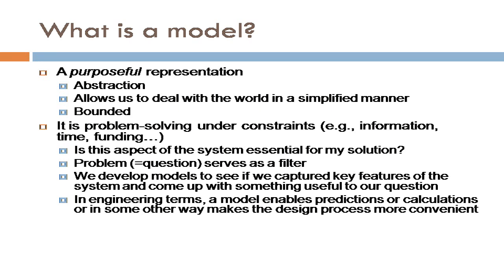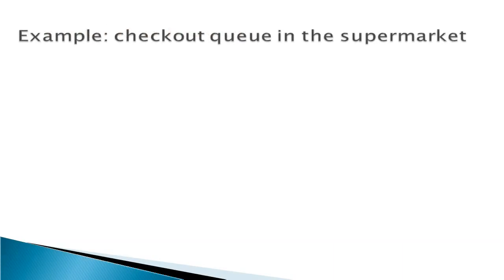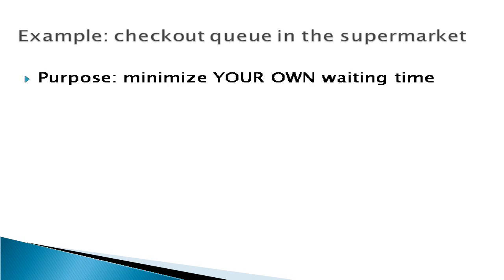So to get you in a mode of problem solving under constraints, here's a very, very simple example. Consider a checkout line, or a checkout queue, in the supermarket. Now, for you as an individual customer, your purpose would be to minimize your own waiting time.